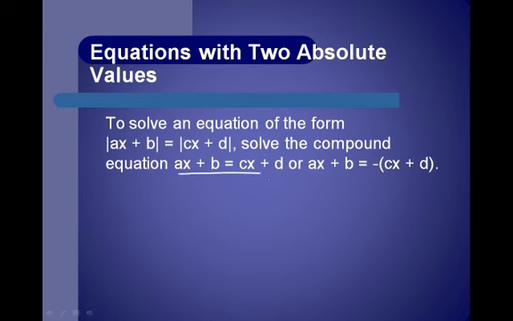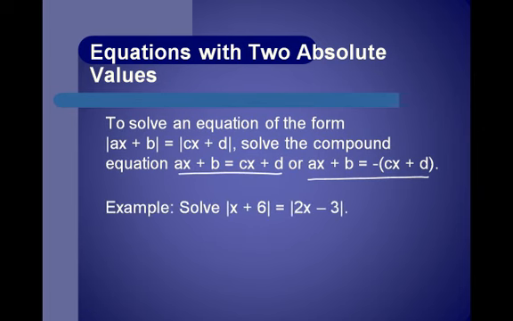The first case is just like it is without the bars. Or the second case, ax plus b equals the negative of cx plus d, which is what I told you earlier. The second case is one side is just like it is without the bars. The other side you change the sign.